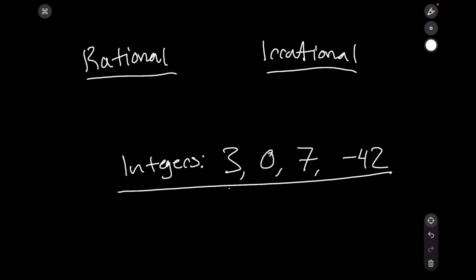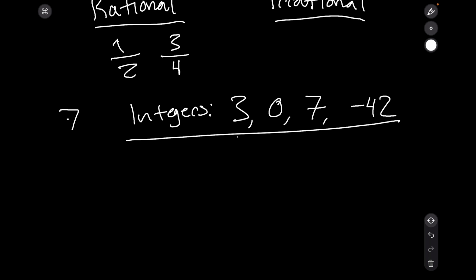Now, when we say a ratio of two integers, we just mean a fraction where the top and the bottom are integers. So like 1 over 2, 3 over 4, 7, because that's 7 over 1. These are all integers on top of integers.